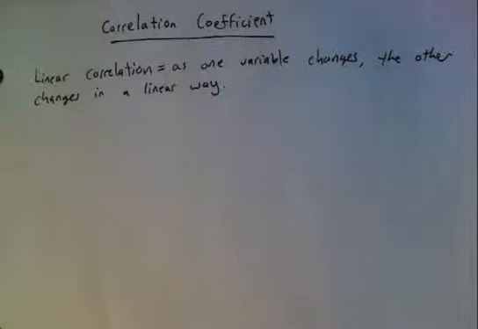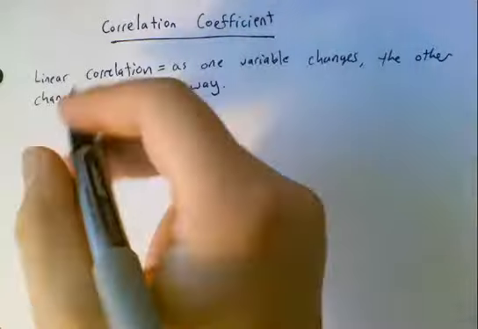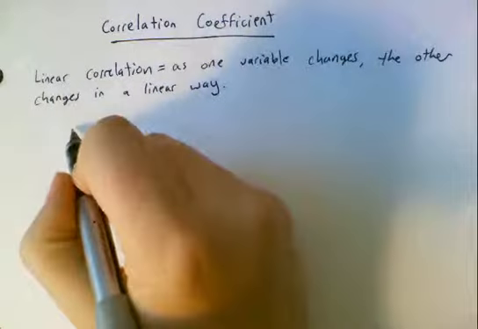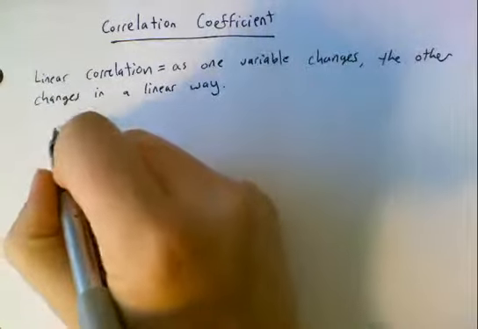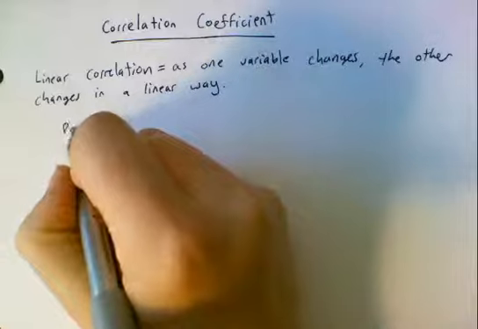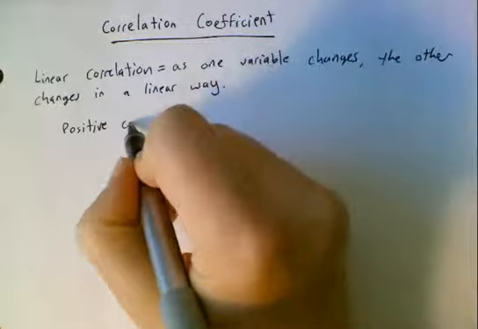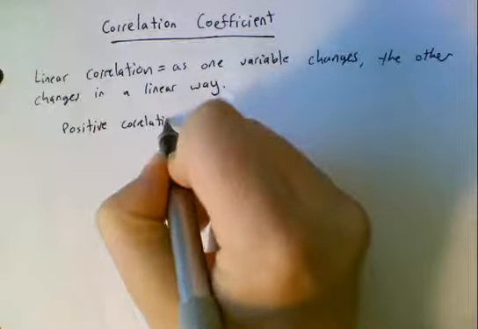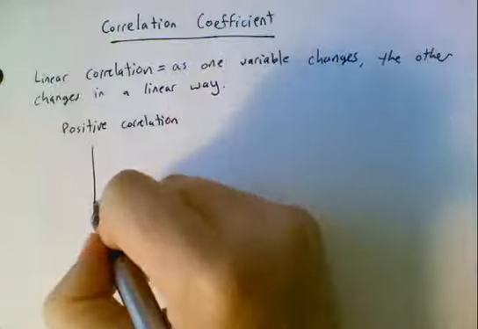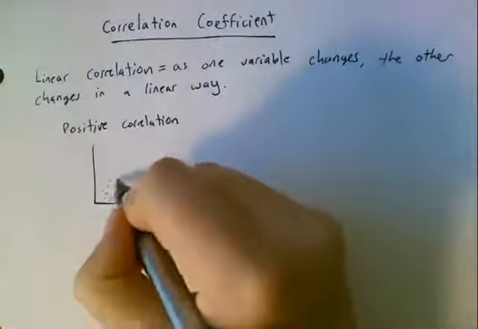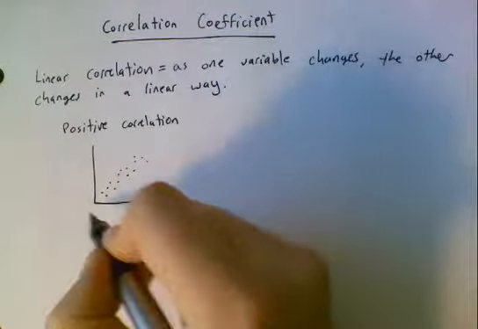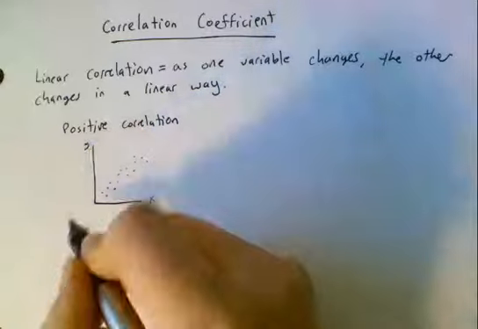And in statistics, we want to be able to assign a specific number to this. So if we have something like this, it is called a positive correlation. So a positive correlation would be something that looks like this. This is x, this is y.